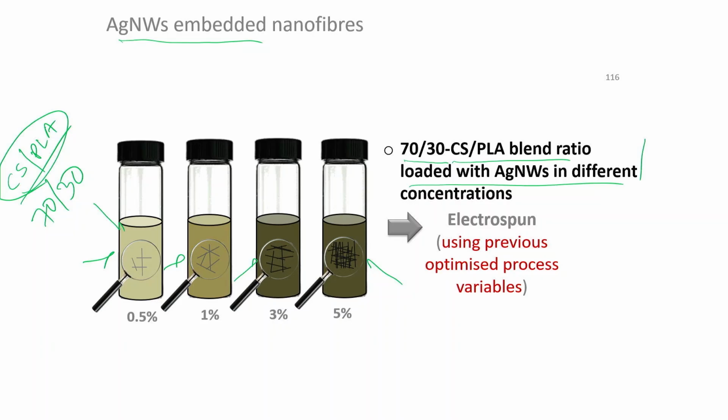And then we have electrospun all these 4 different combinations, keeping the same previously optimized process variables in the electrospinning.